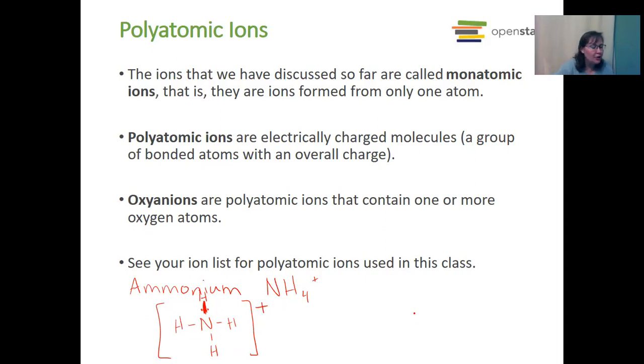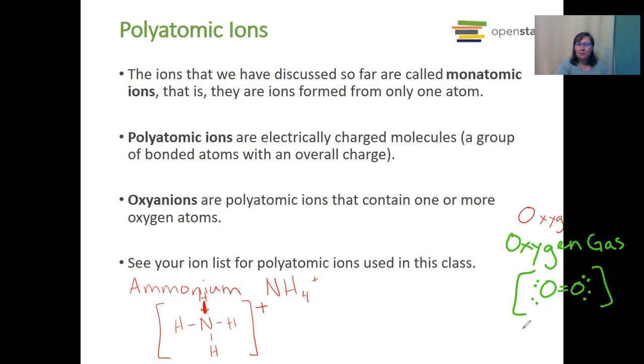The same thing is true with, for example, peroxide. Here we have oxygen gas. Let me turn on my annotations. Oxygen gas is O2, and it looks like this. It's neutral, and it's O2. Now you also have peroxide.